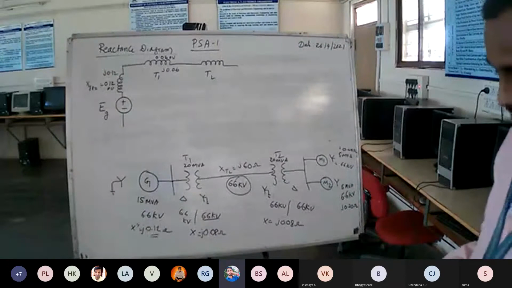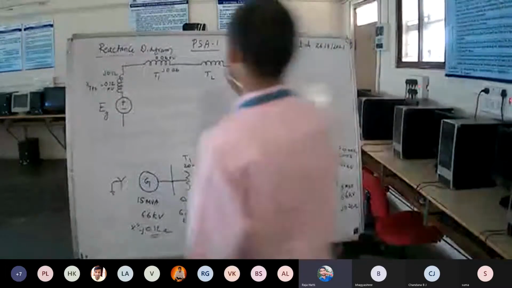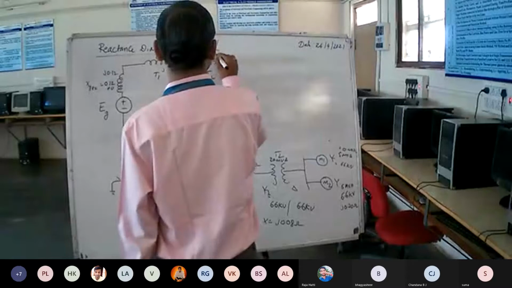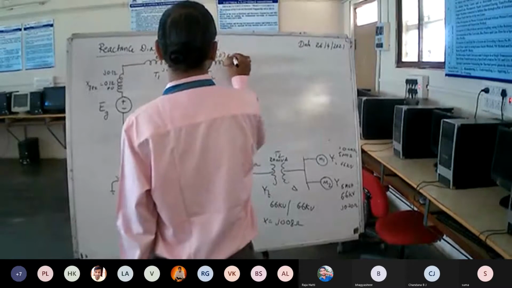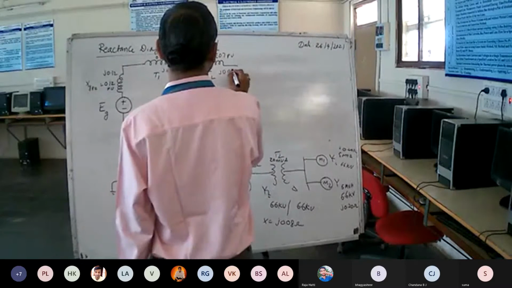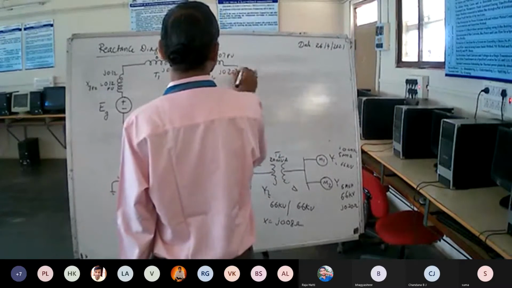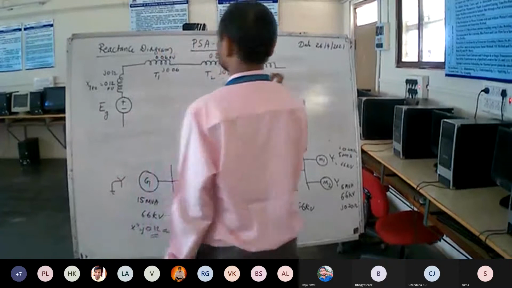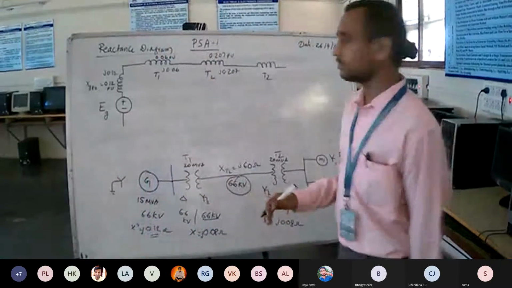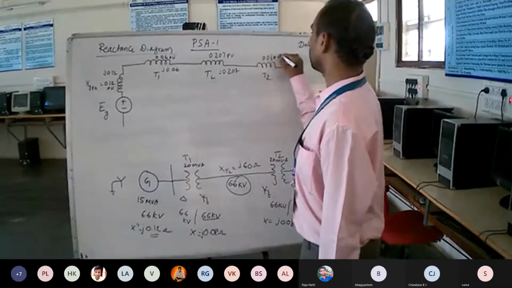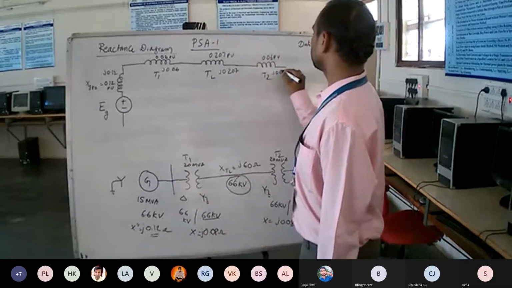J0.207, sir. J0.207. Next, transformer 2. Transformer 2 is equal to transformer 1, right? J0.06.